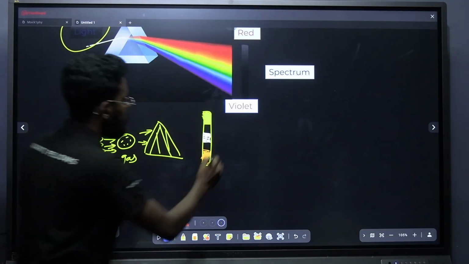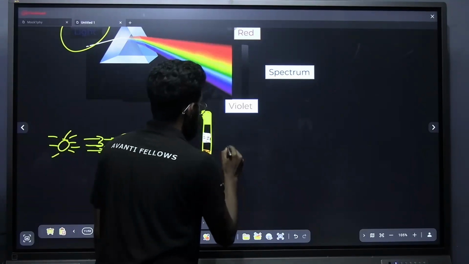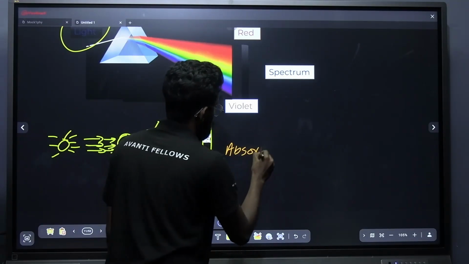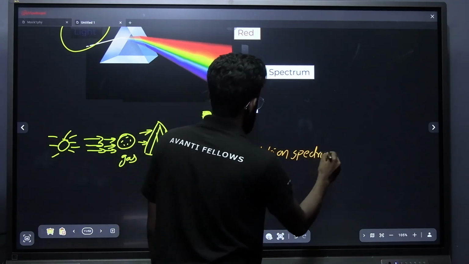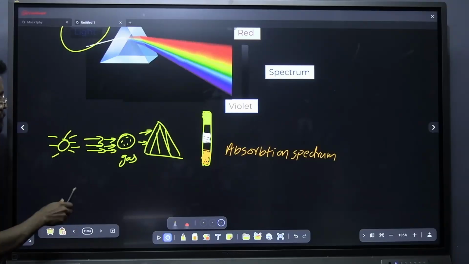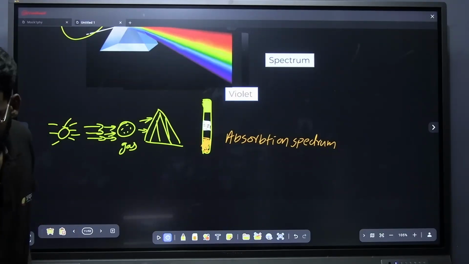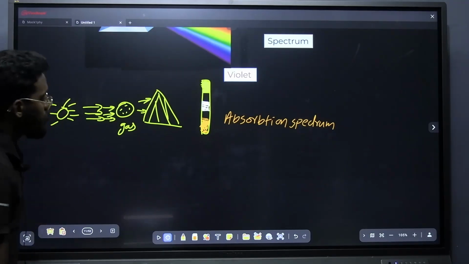And this spectrum we will be calling the absorption spectrum. Got it? Absorption spectrum. Now what is going to happen?